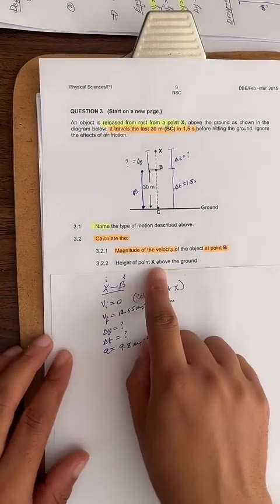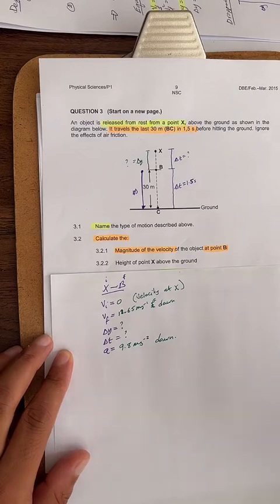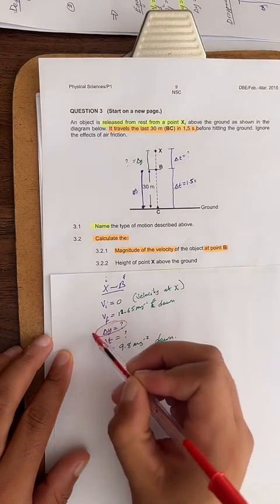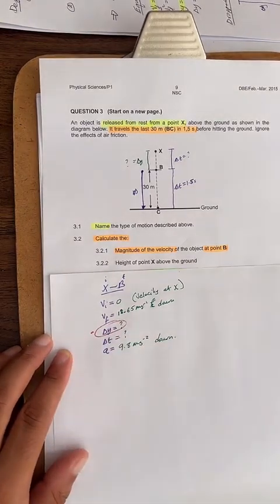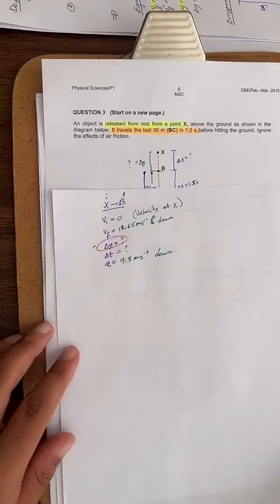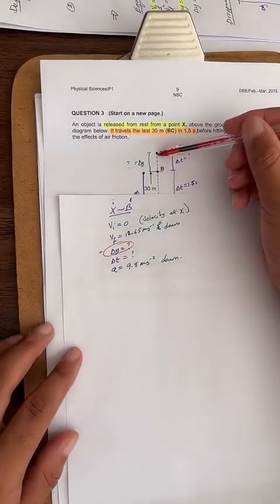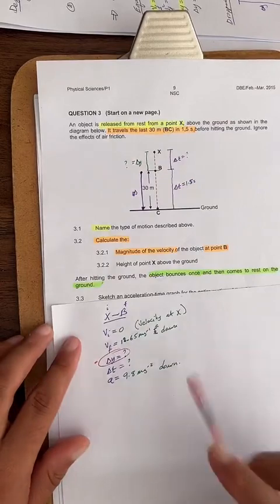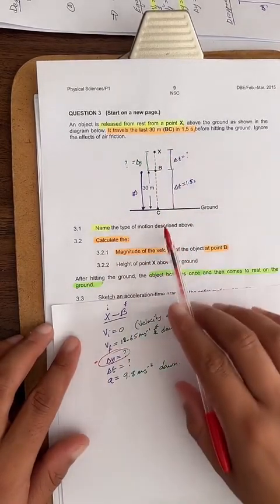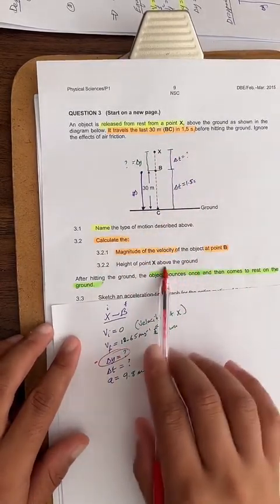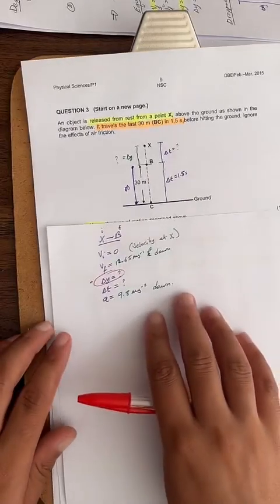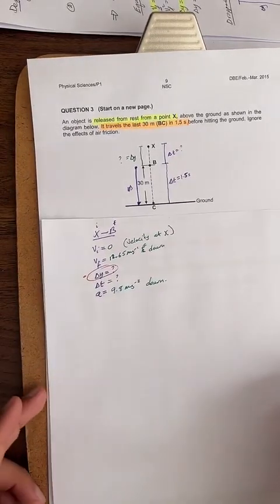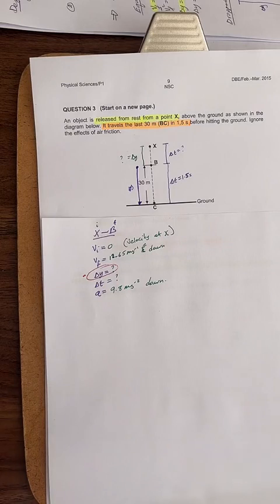It wants the height, so the examiner is trying to get us to calculate this one. It wants the height from C to X, but we care about the distance between X and B. The total height will add 30 once you get it. But now let's concentrate on the distance between X and B because that's the part that is missing.